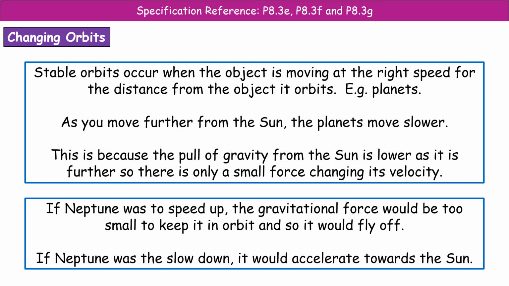Again, not really what we want to see happening. We don't generally want giant planets to come hurtling towards the Sun through the other ones in our solar system. Luckily, two very theoretical principles there, but it does go to show that the reason that these planets have a stable orbit is because they are moving at the right speed for the distance they are from the Sun itself.